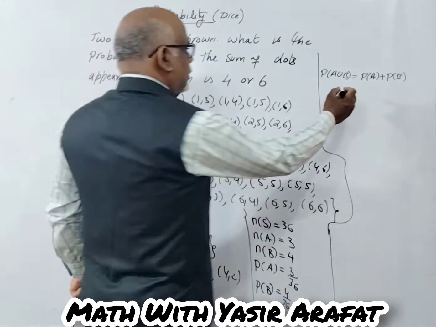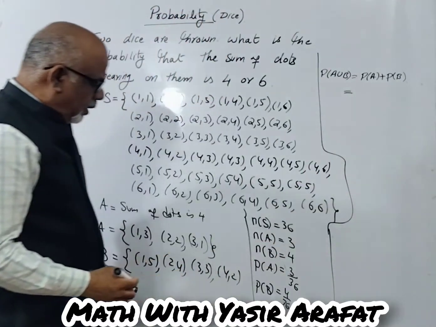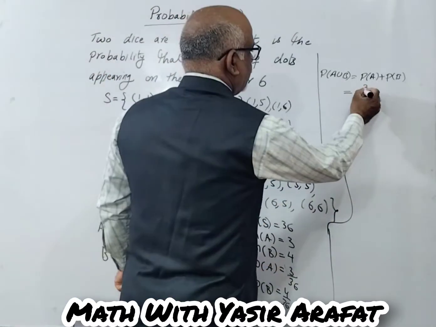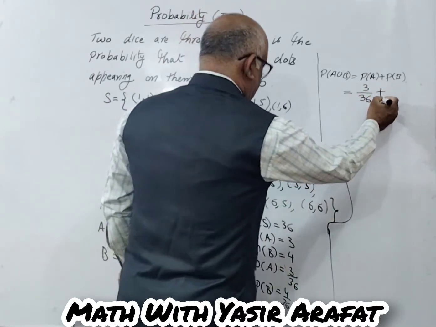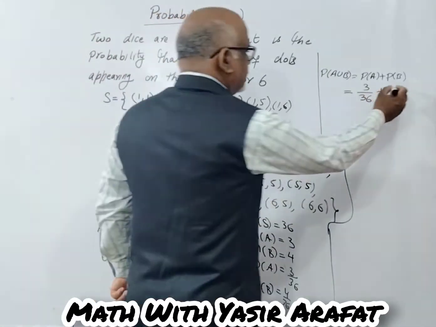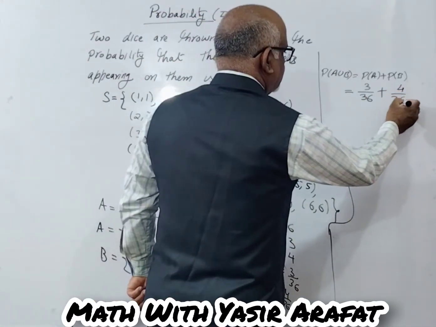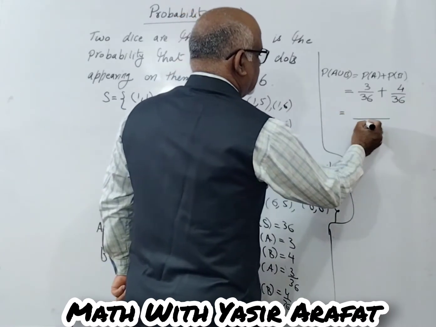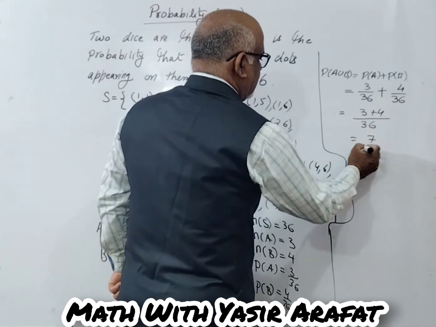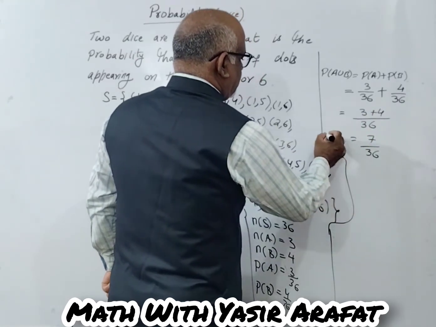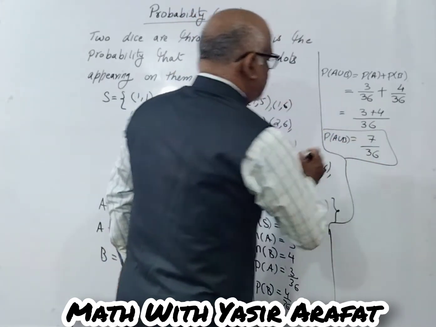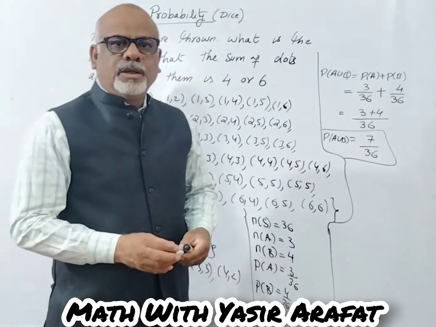Therefore the probability of A is equal to 3 over 36, and the probability of B is equal to 4 over 36. Just take the LCM. So the probability of A union B is 7 upon 36.